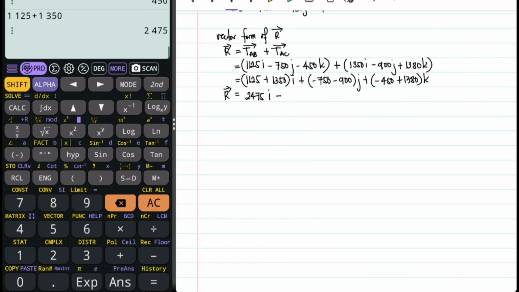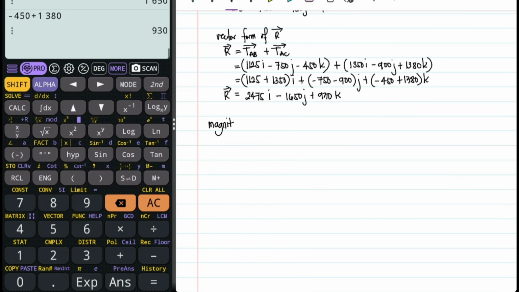Then for our J, that's basically 750 plus 900, right? Negative 750 plus negative 900 gives us negative 1650J. And then lastly, for our K, negative 450 plus 1380 is equal to 930K.